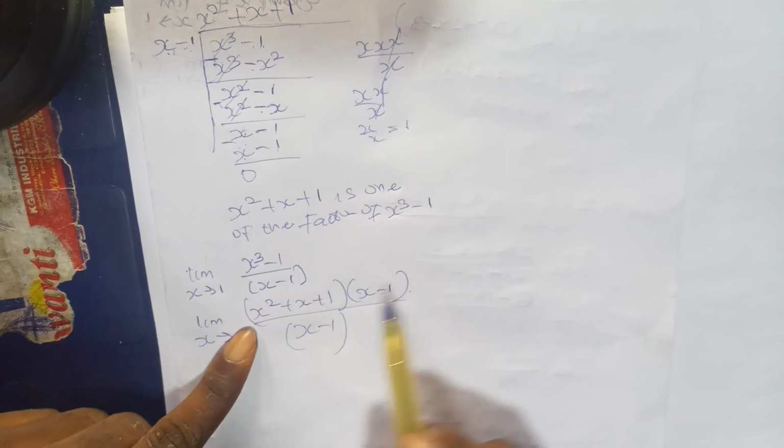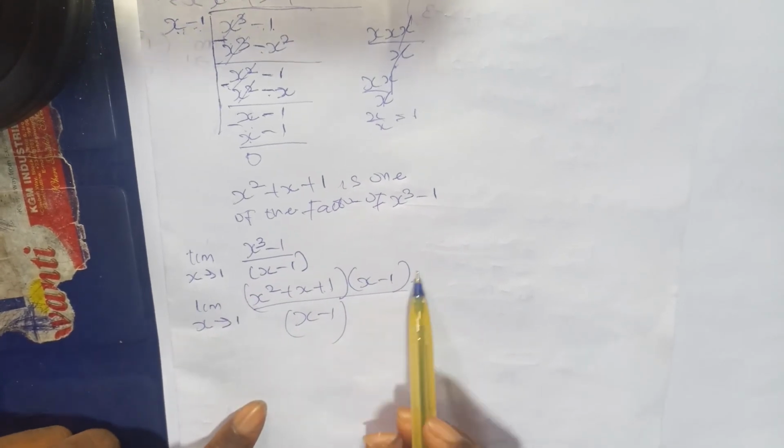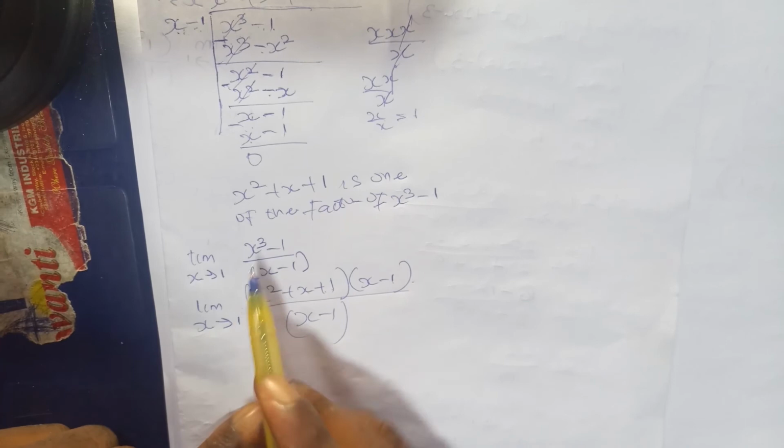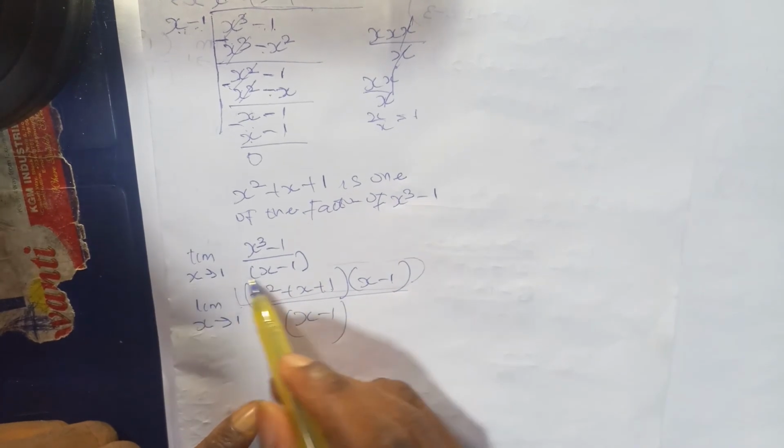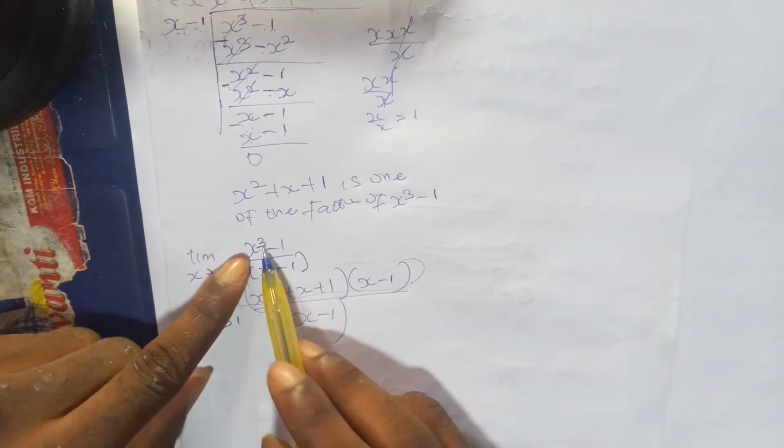All this here is still the same thing as x cubed minus 1. If you expand all this here, you still get x cubed minus 1.